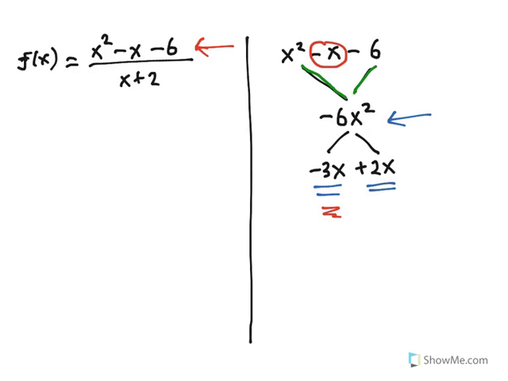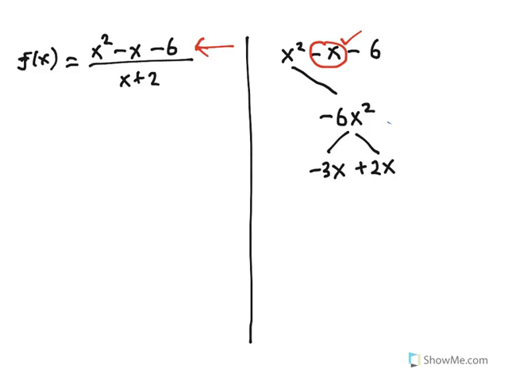So if you multiply negative 3x by positive 2x, you will get negative 6x squared. But when you add negative 3x to positive 2x, you get negative 1x. So these are the steps that you have to follow to use the British method for factoring a quadratic trinomial.